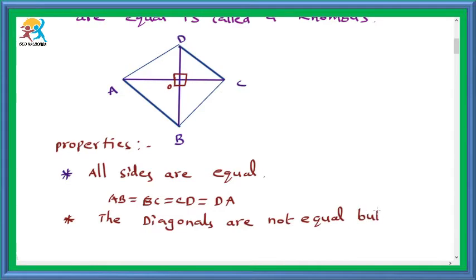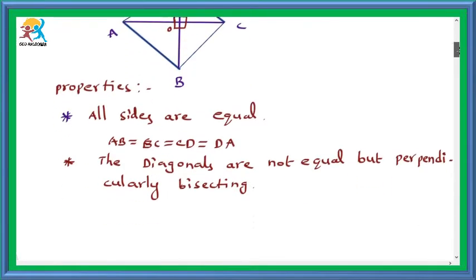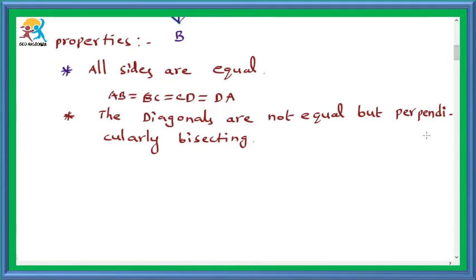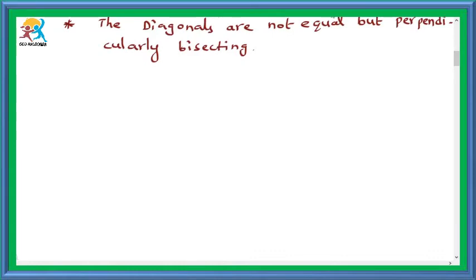But perpendicularly bisecting. In the parallelogram, diagonals are bisecting. Here also bisecting, but the angle between the two diagonals is 90 degrees. So that is why we have used this word perpendicular. I will show how it is.